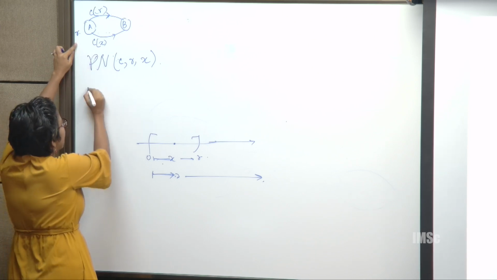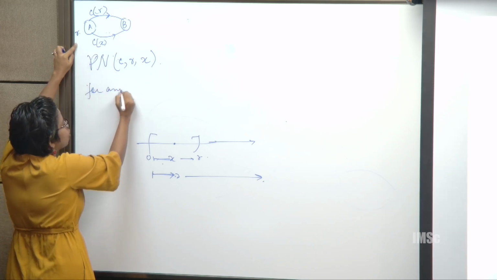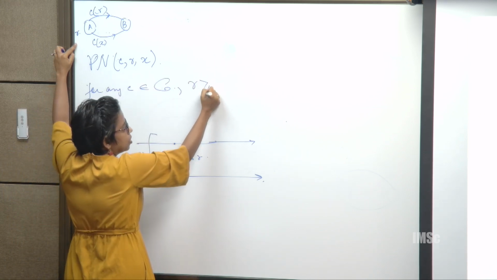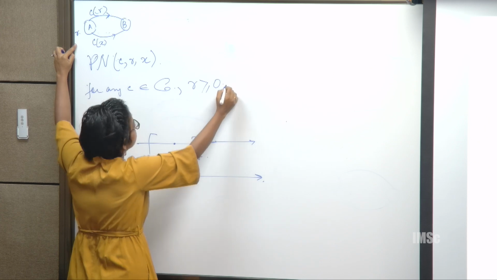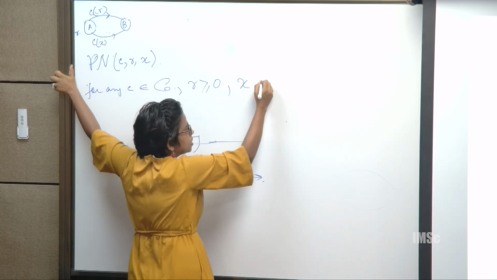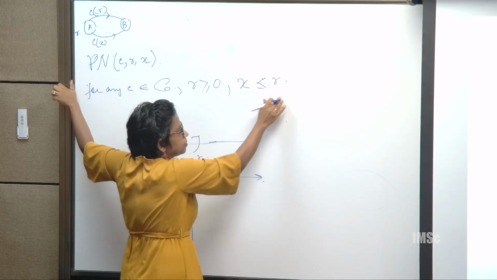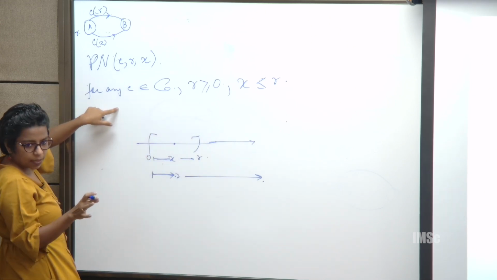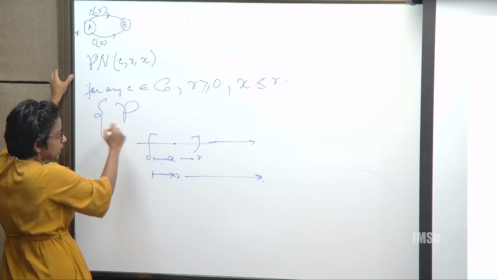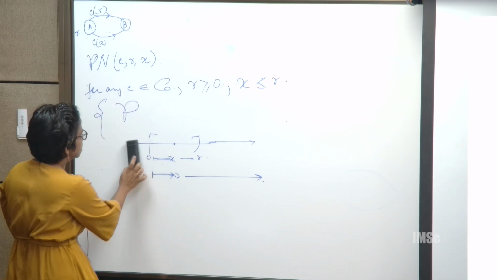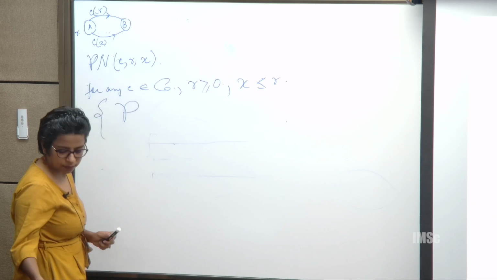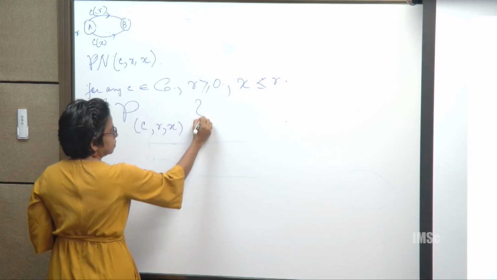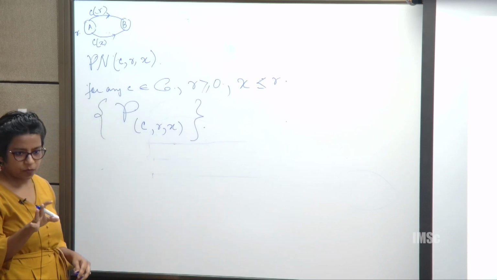Okay. Now for any cost function C, okay, some non-zero value here, and X, let's call it this, right? You will get a different Pigou network. Okay. So I am talking about that family of networks indexed by C, R, X. Okay.